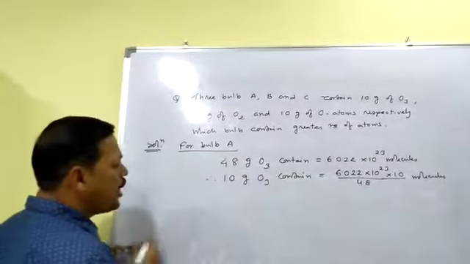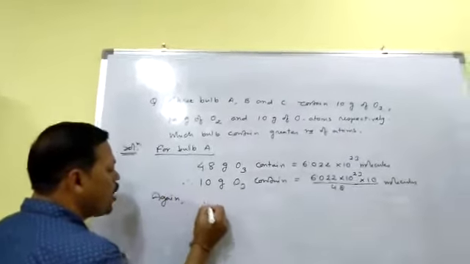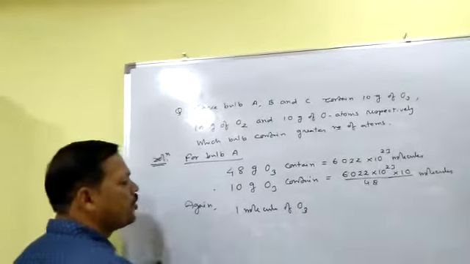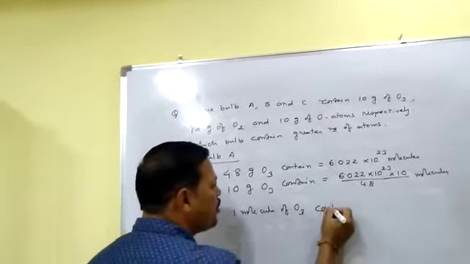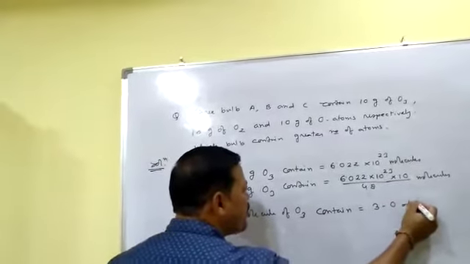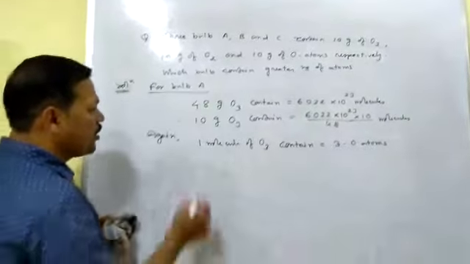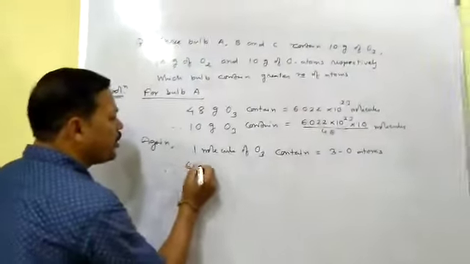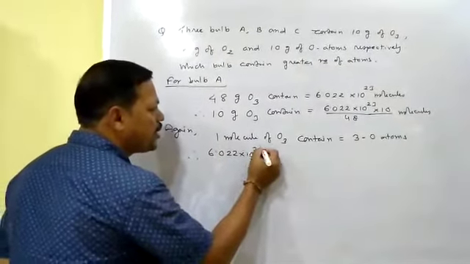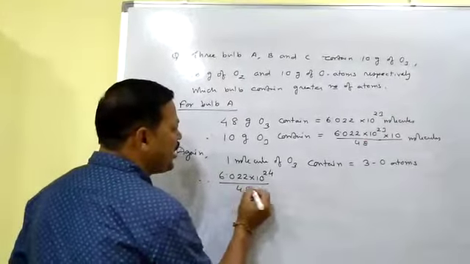So now I will do it like this. One molecule of ozone contains 3 oxygen atoms, because the ozone formula is O3. Therefore, your molecules are 6.022 into 10 to the power 24 divided by 48.